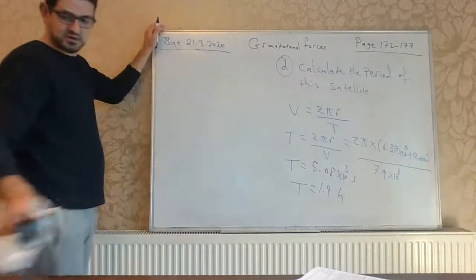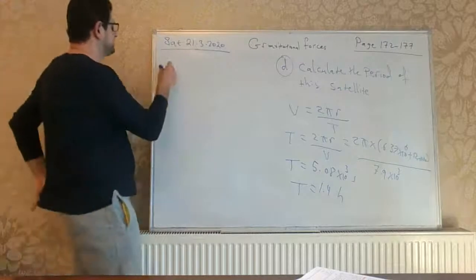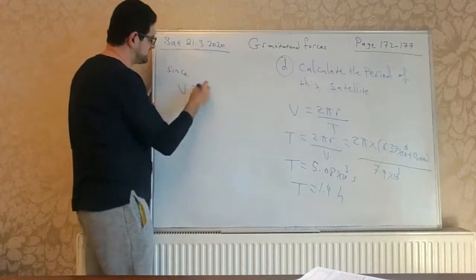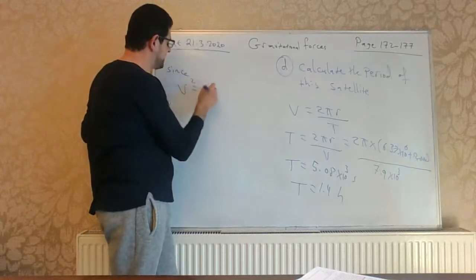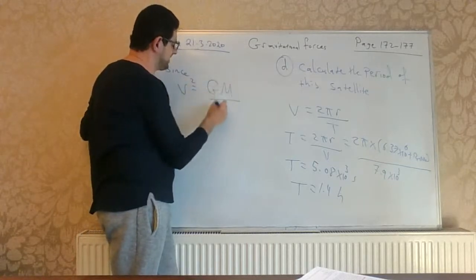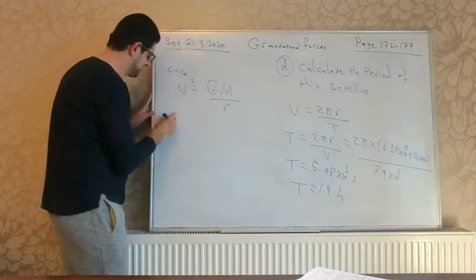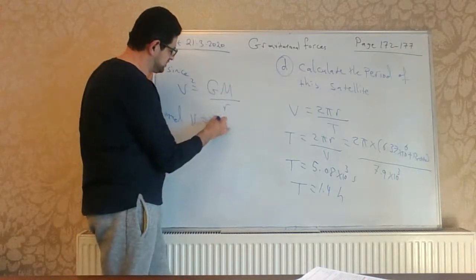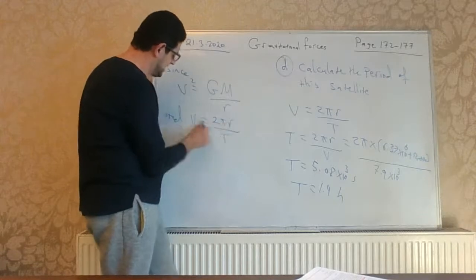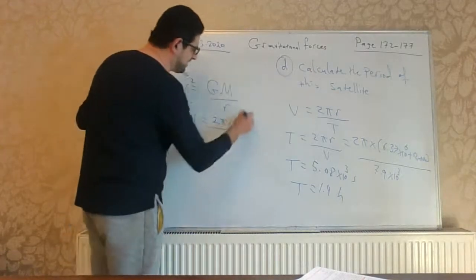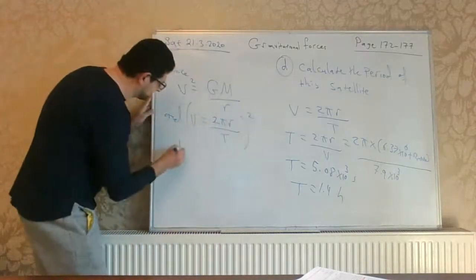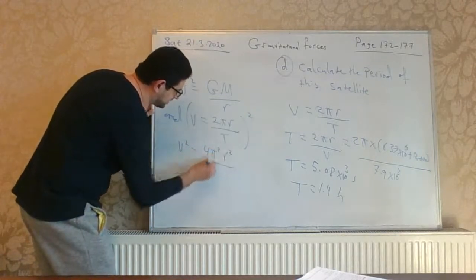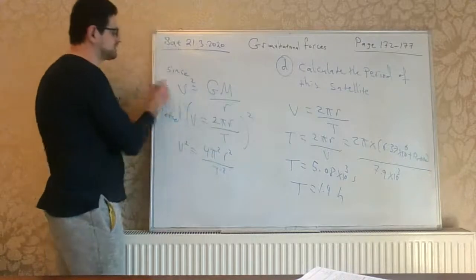Do it again. Since V squared equals Gm over R, and V equals 2 pi R over T, let me square both sides. V squared equals 4 pi squared R squared over T squared. Substitute it there.